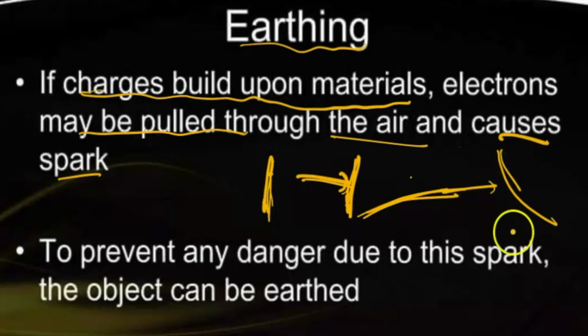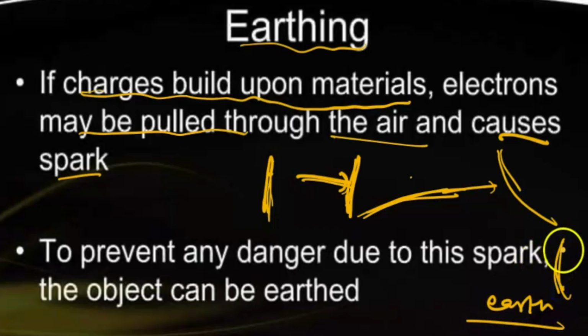Is that only the case? In a household, when we touch a live wire, where the current is flowing, with the earth or any neutral wire, there will also be a spark. Basically, there will be an electron flow or pull. To prevent any danger due to this spark, the object can be earthed.